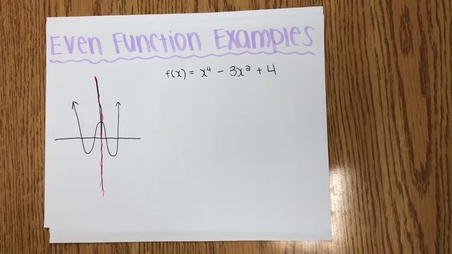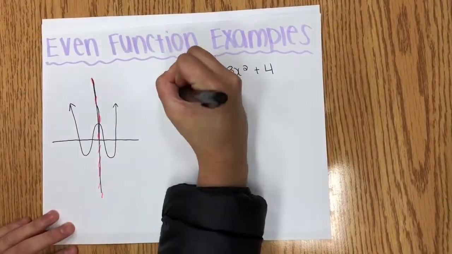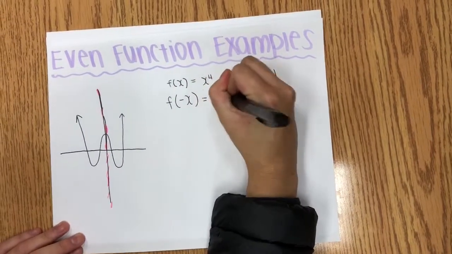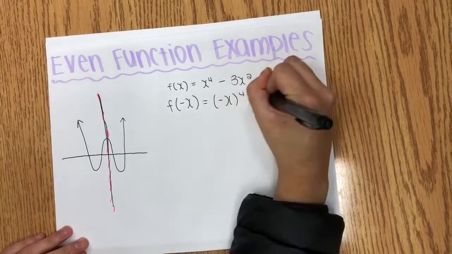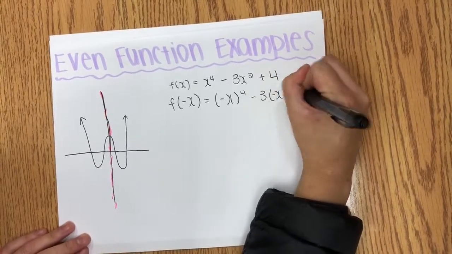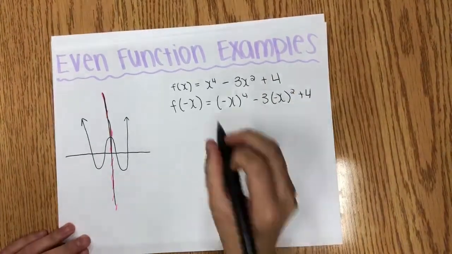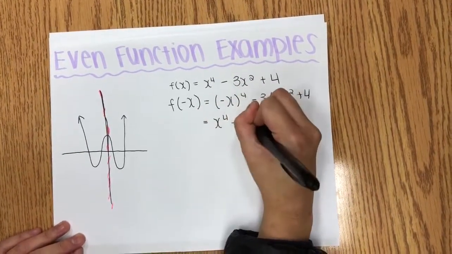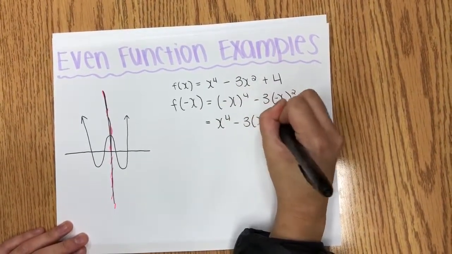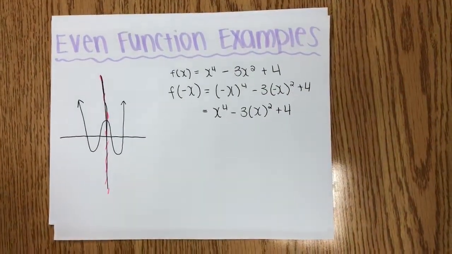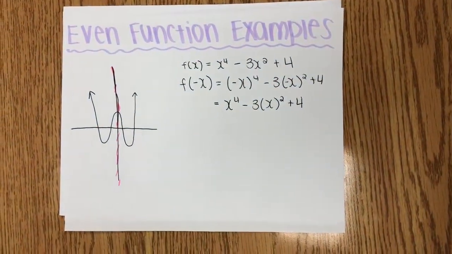To solve this algebraically, if we plug in a negative value for x, we get (-x)^4 - 3(-x)^2 + 4. When we simplify this, it ends up being x^4 - 3x^2 + 4, which is just the original equation.